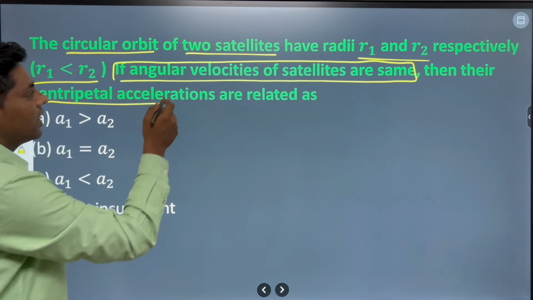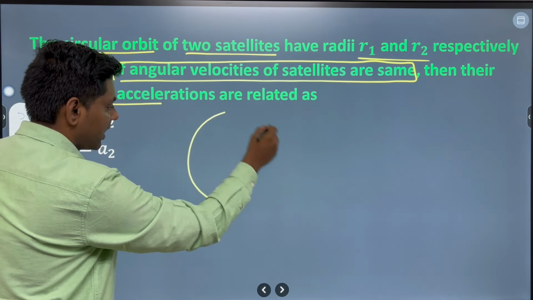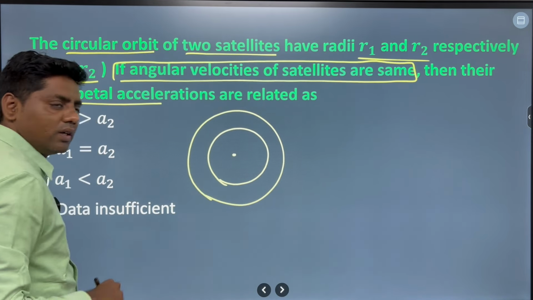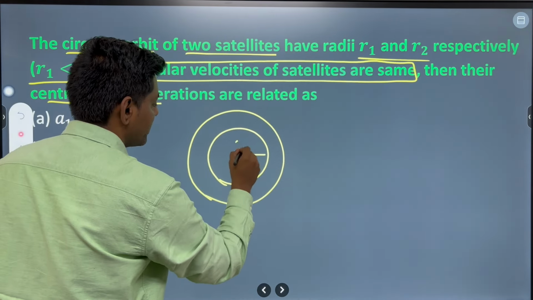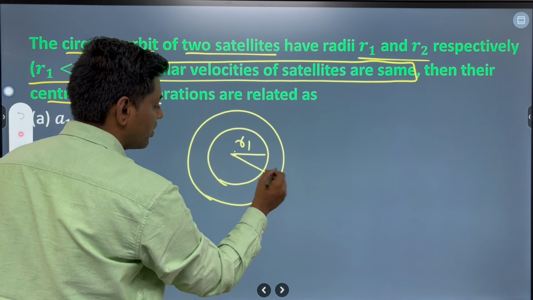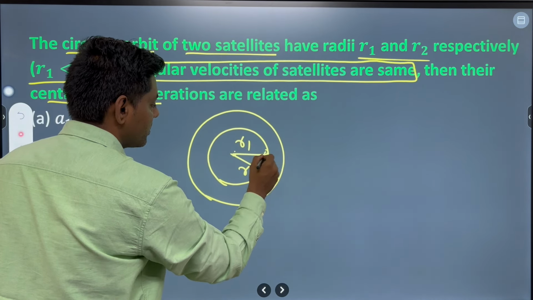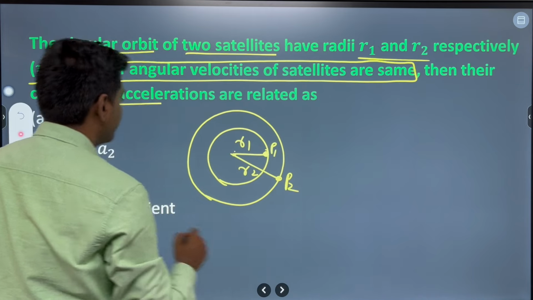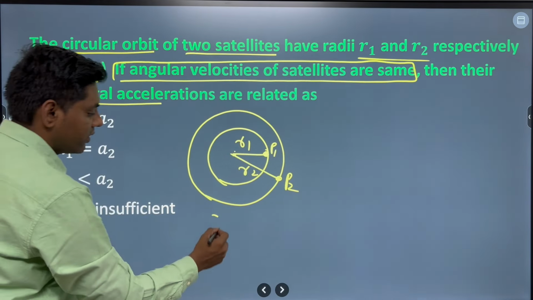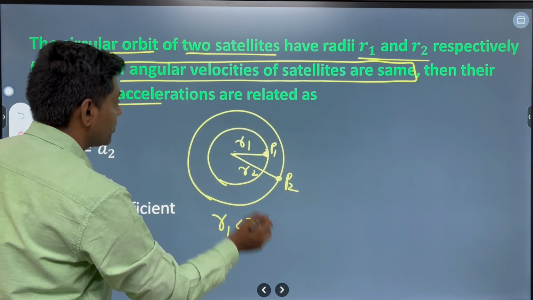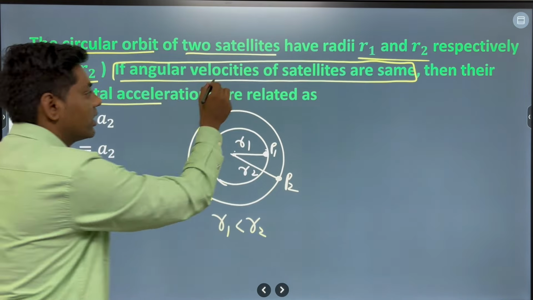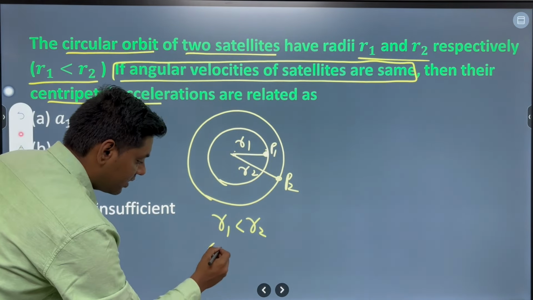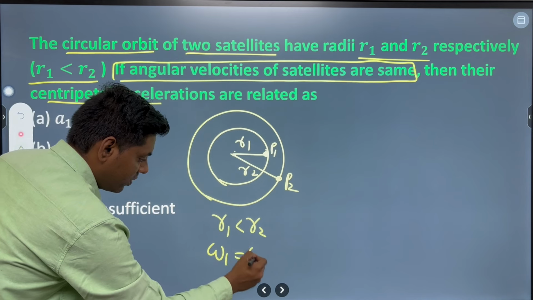So now, as we know, let's try to draw the diagram. There are two satellites revolving in a circular path, the first satellite having orbit radius r1 and the second satellite having orbit radius r2. This is the first satellite, we consider P1, and this is the second satellite, P2. What is given? r1 is less than r2, and most importantly, the angular velocities of the satellites are the same, means omega 1 is equal to omega 2.